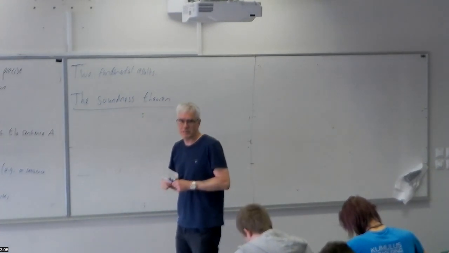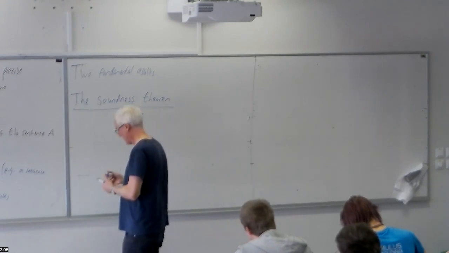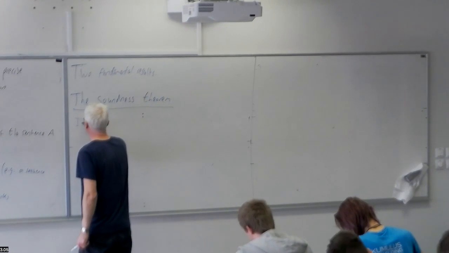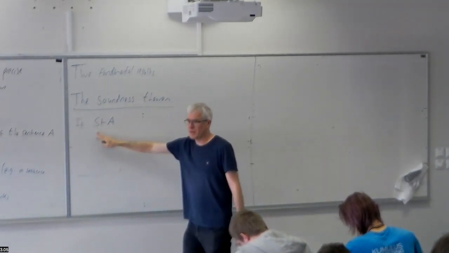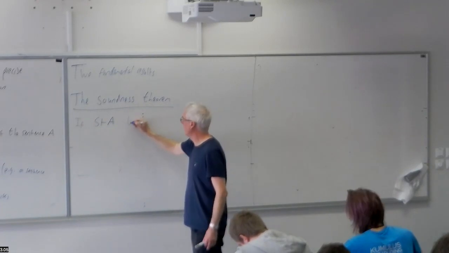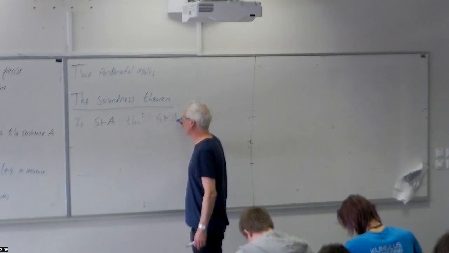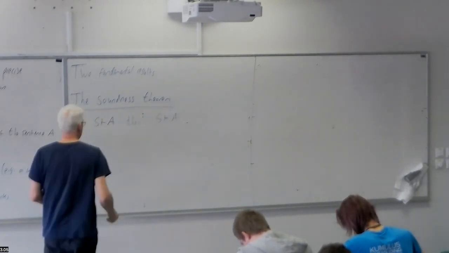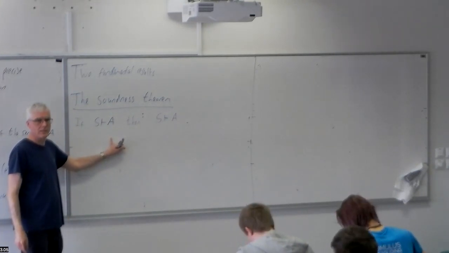This is actually a relatively straightforward theorem to prove. The soundness theorem says if we have a formal proof that A follows from S, then A is a logical consequence of S. The whole point of formal proofs is to derive logical consequences from your axioms.